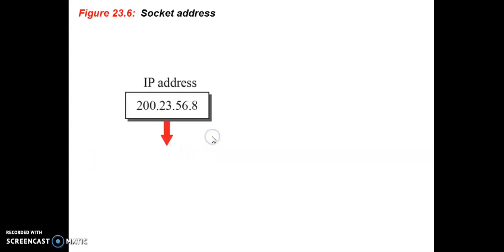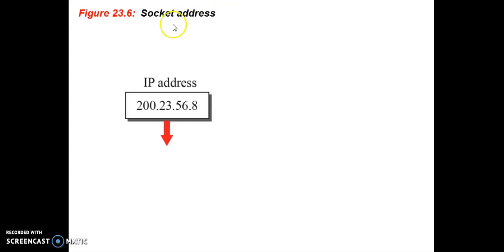The next one is socket address. The transport layer protocol in the TCP suite needs both the IP address and the port number at each end to make a connection.